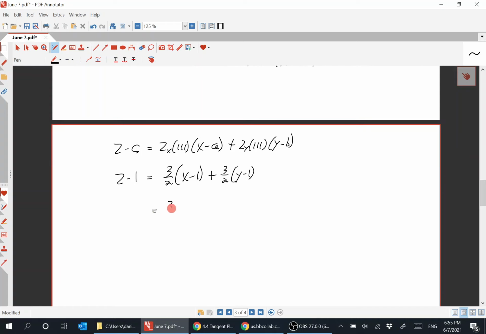So we've got 3 halves x plus 3 halves y minus z is equal to, so minus 3 halves minus this minus 3, so add 3, you get 2. So that's the tangent plane.